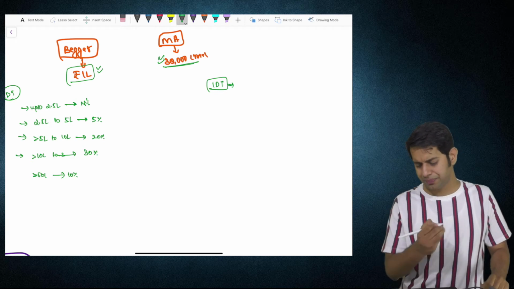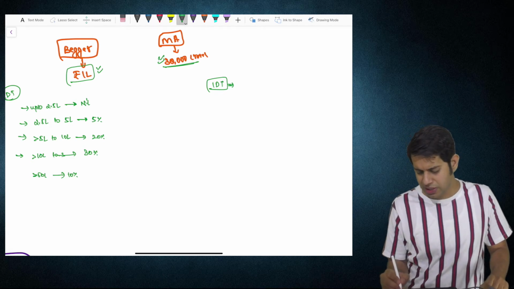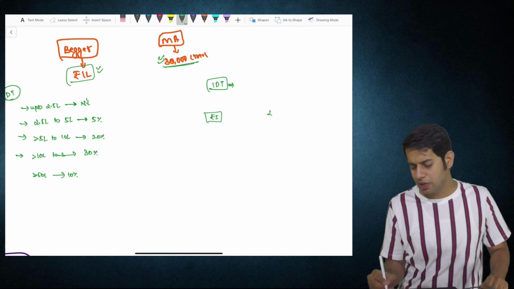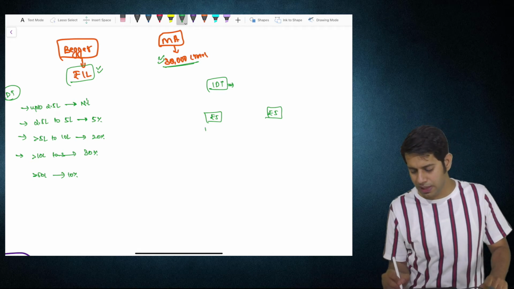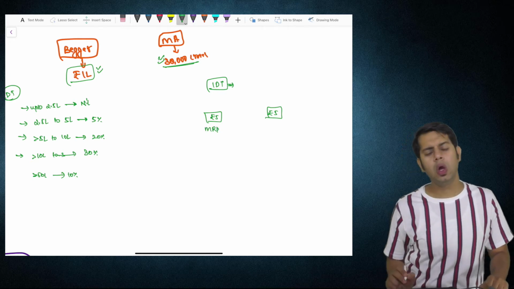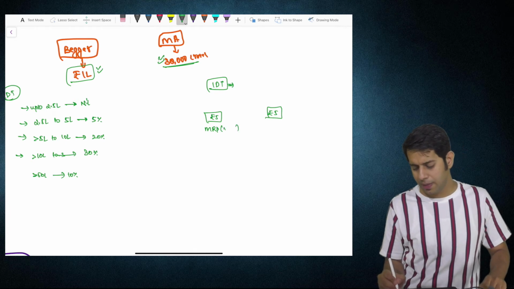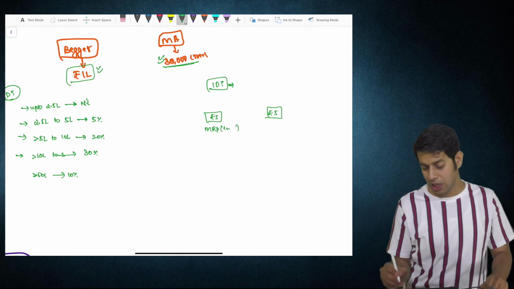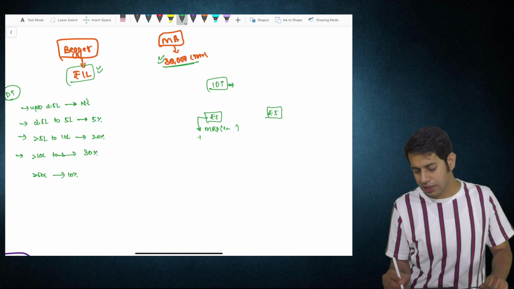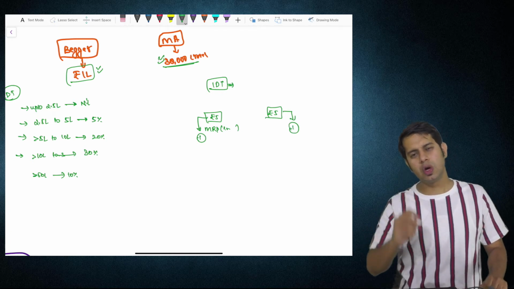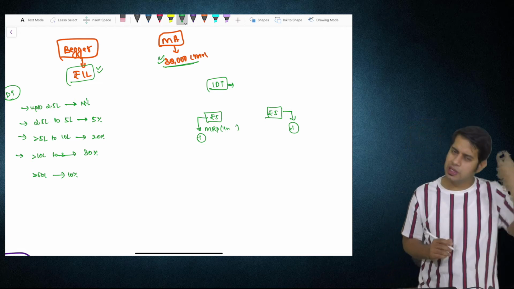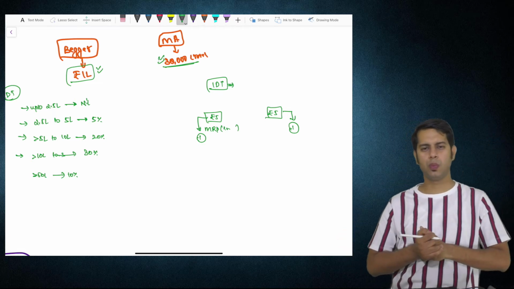Say for example, a beggar is purchasing a Parle-G biscuit of rupees 5 and Mukesh Ambani is also purchasing a Parle-G biscuit of rupees 5. Now this 5 rupees which you pay for the Parle-G biscuit is an MRP. As we all know, MRP is inclusive of all taxes. So this 5 rupees includes a tax of rupees 1. The Parle-G biscuit which you are purchasing includes a tax of rupees 1 in it.